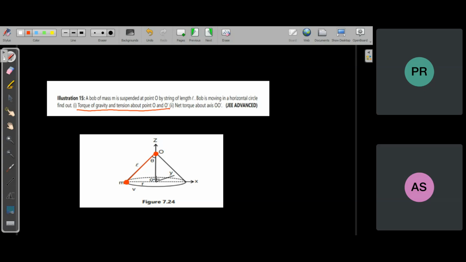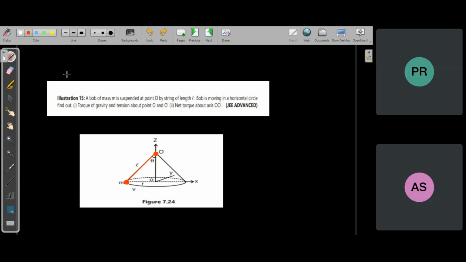This is O, and this point is O dash. So O dash is the center of the circle in which the bob is moving, and O is the point of suspension of the bob from which a string is connected.